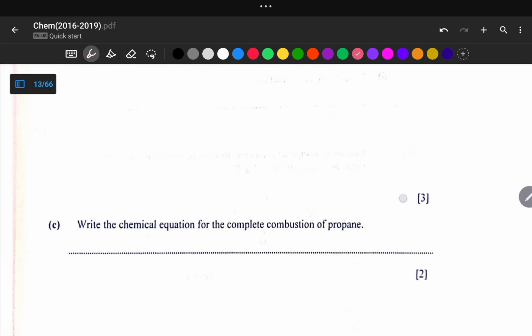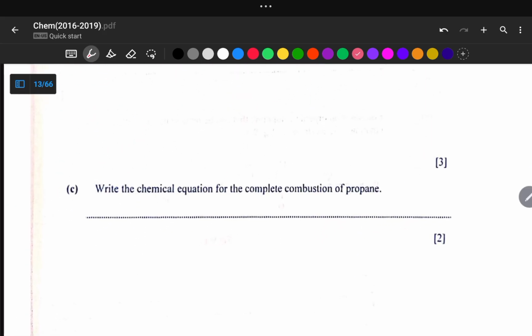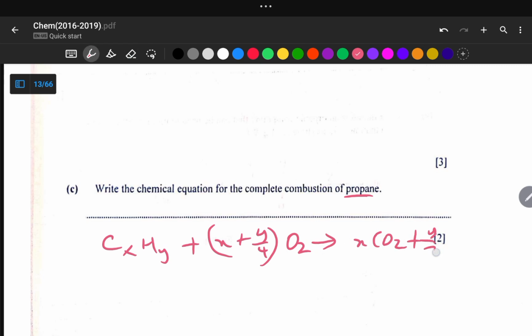And then we can now proceed to the next part, which says write a chemical equation for the combustion of propane. So for the combustion of all hydrocarbons, we use this formula: CxHy plus (x plus y over 4) oxygen to give x moles of carbon dioxide plus y over 2 moles of water, right?